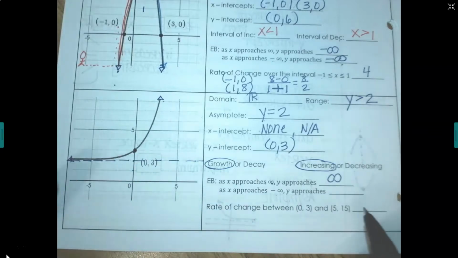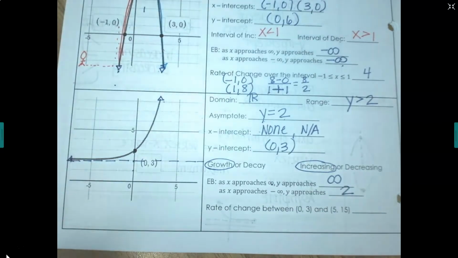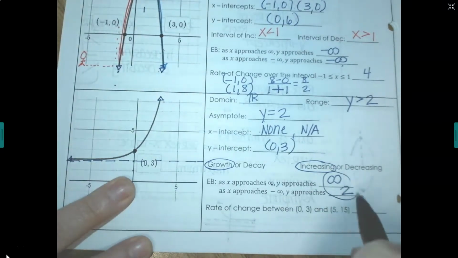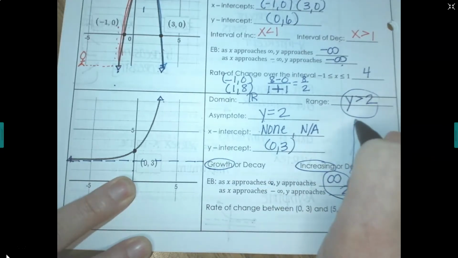It's just going to get closer and closer and closer to that asymptote, but never ever touch it. So it can't go to negative infinity because it can't cross that line. So on the left-hand side, we're just getting closer to the asymptote, so we're going to say we're approaching 2. So your end behavior goes well with your range. Okay?